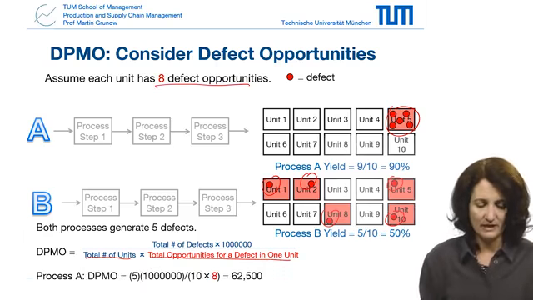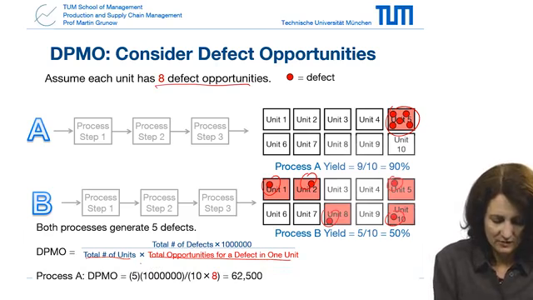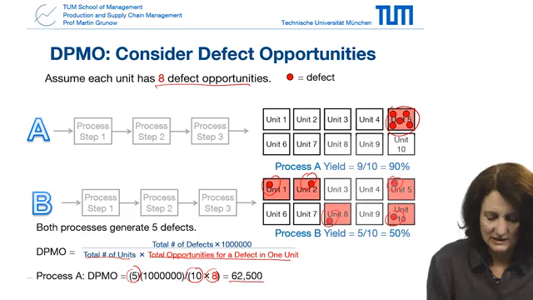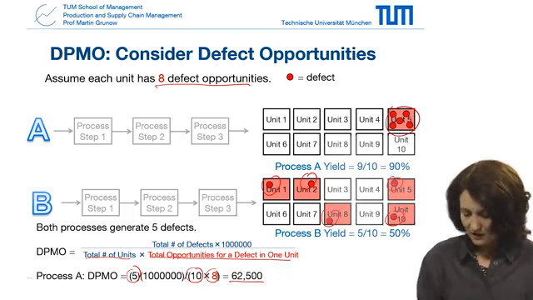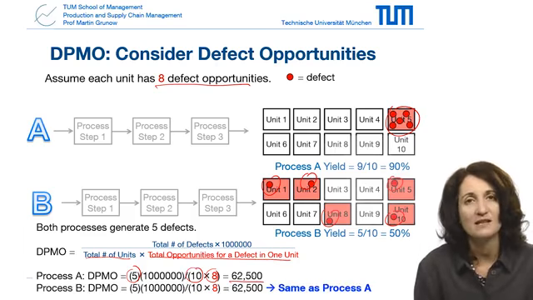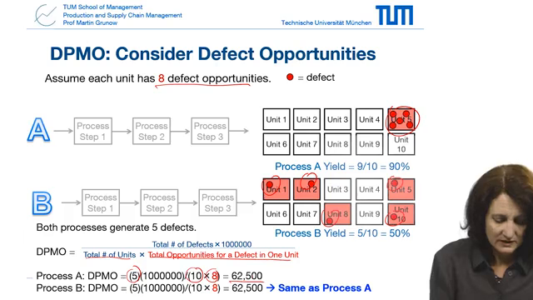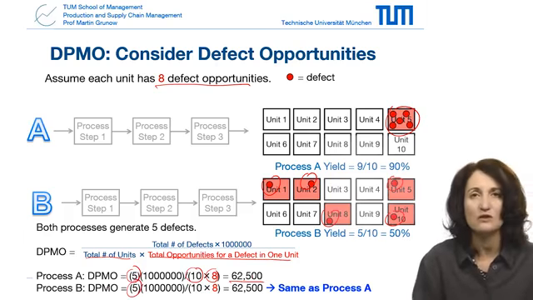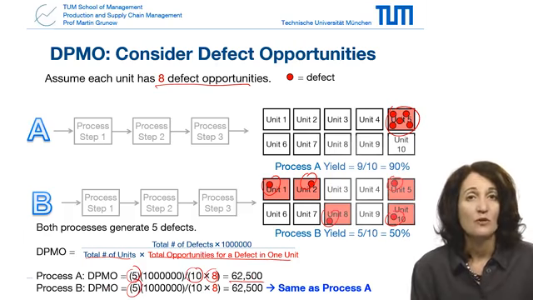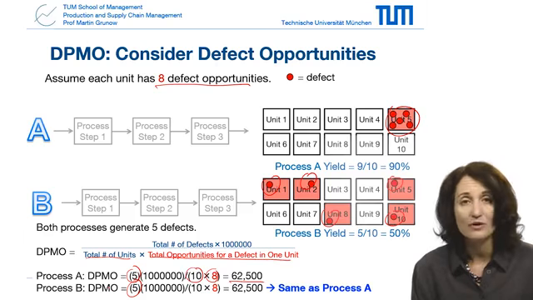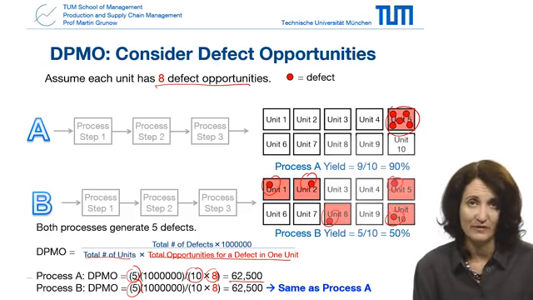So we end up getting 5 defects times 1,000,000 divided by 10 units times 8. We get 62,500 as our DPMO, defects per million opportunities. And for process B, lo and behold, we get exactly the same thing, because we still have 5 defects for process B. So we see with DPMO that the processes are equal. Both generate the same number of defects, even though the number of defective units that came out of the entire process is clearly not the same for A and B.